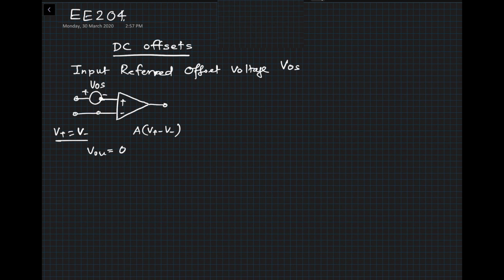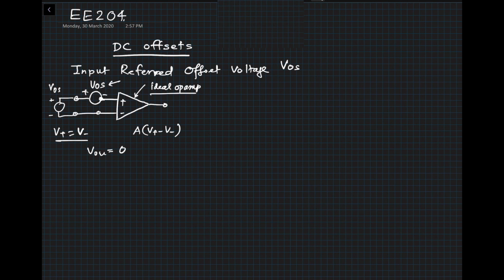If I apply equal and opposite voltage, I can make this an ideal op-amp, meaning everything is matched properly, or there is no offset inside this op-amp, and I'm bringing this offset out as input referred offset. Then I would have to apply this VOS externally to get the output 0. Okay, maybe I'll take an example to make it even clearer.